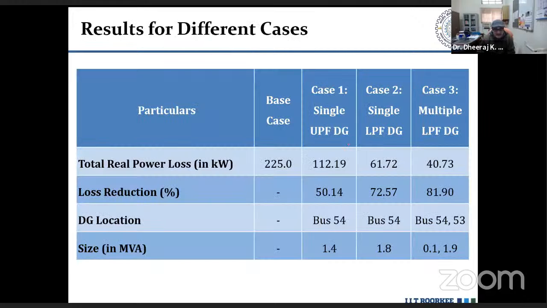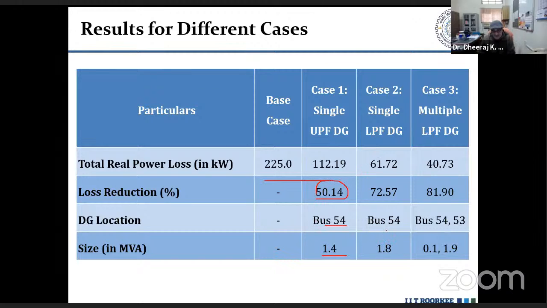Now we executed our algorithm for different cases, like a single unity power factor DG. We identified bus number 54 as the suitable bus, and this is the optimal DG size. Here we can get about 50% loss reduction.